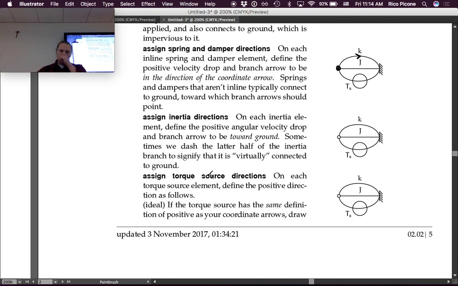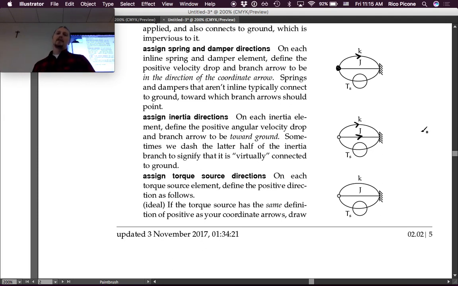Okay, assign inertia direction. On each inertia element, define the positive angular velocity drop and branch arrow to be toward ground. This is the same as the mass one, right? They're easy. Whenever you have a moment of inertia or a mass element, you draw to ground. They always connect to ground, and you always draw the arrow to ground. The spring is still pointed to ground.